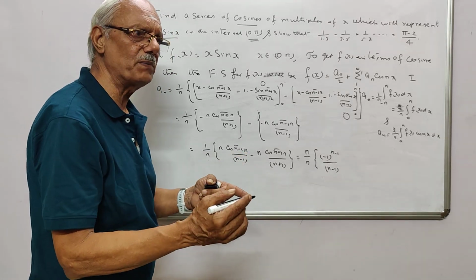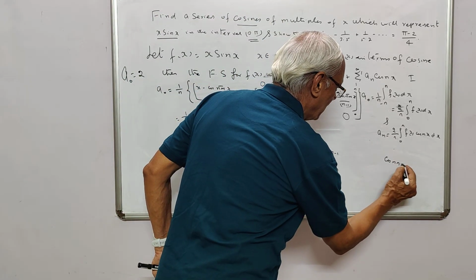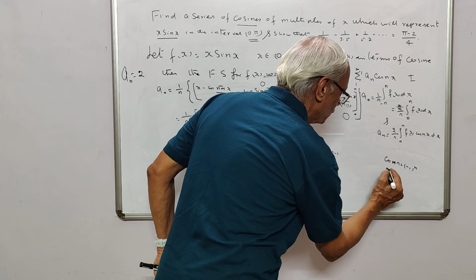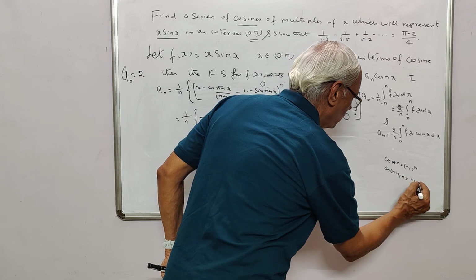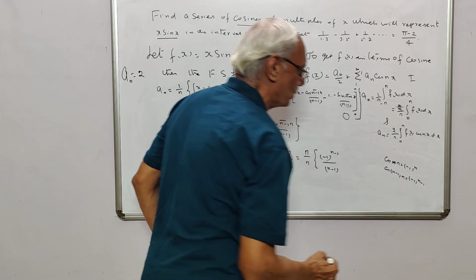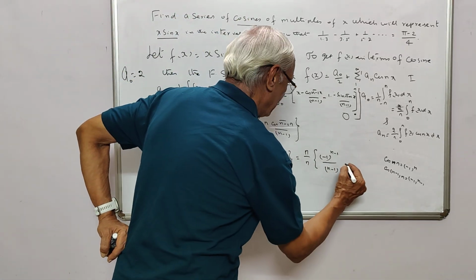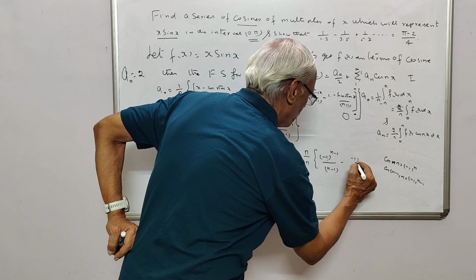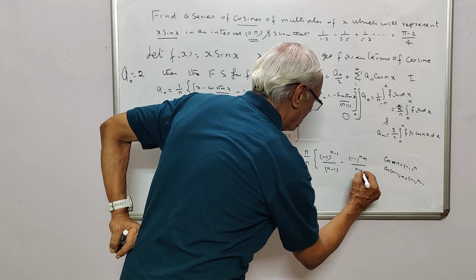See, if it is cos n pi, what is cos n pi? Cos n pi will be equal to (minus 1) to the power of n. So what is cos (n minus 1)pi? It is equal to (minus 1) to the power of n minus 1. So you see that this is cos, and this is what? Minus (minus 1) to the power of n plus 1 divided by n plus 1.